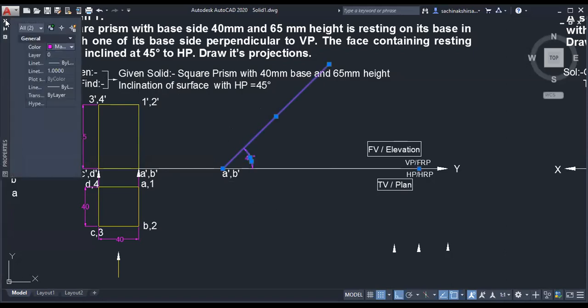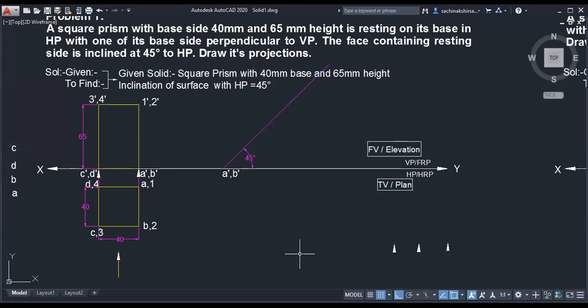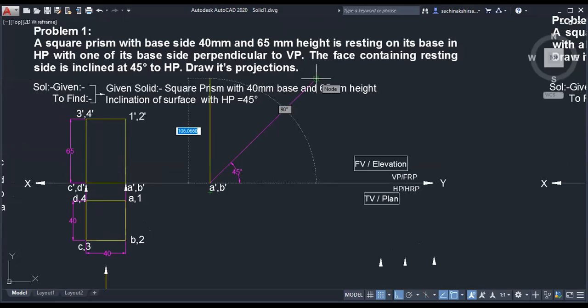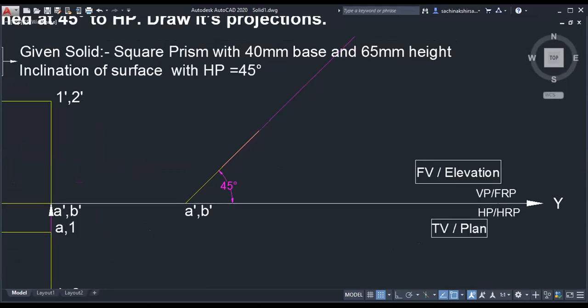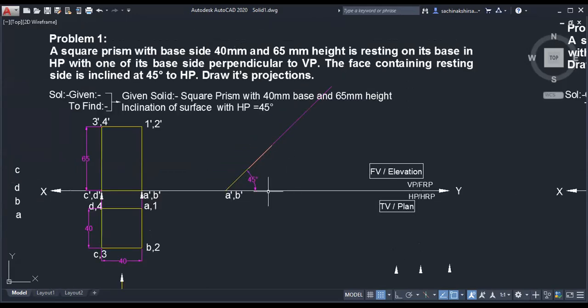From this corner or point, how much distance can you take? 65. So it will be something like this. So here will be which point? 1 dash, 2 dash.